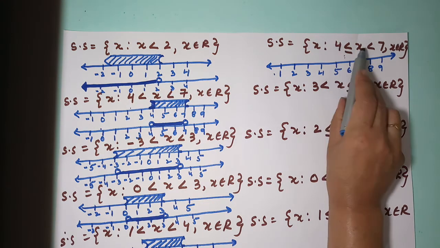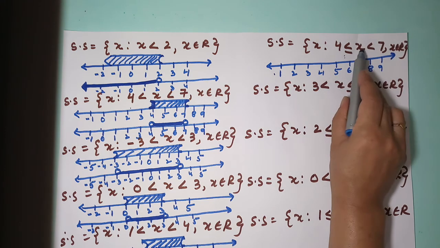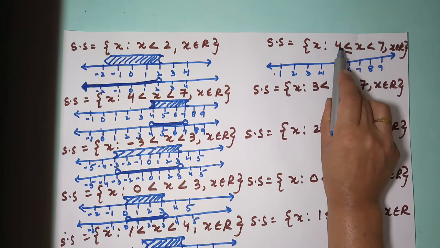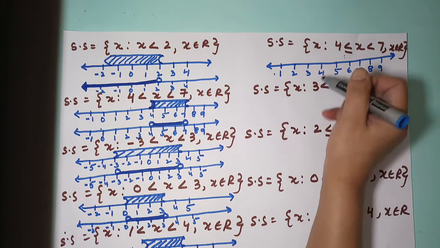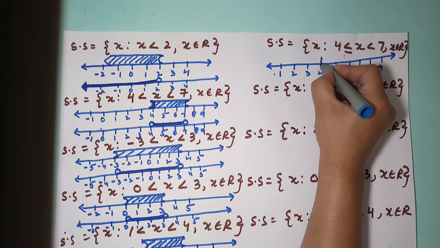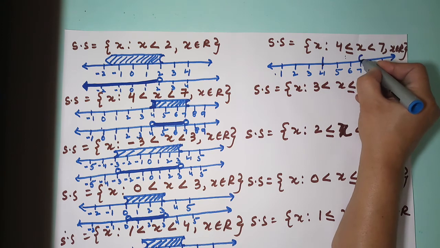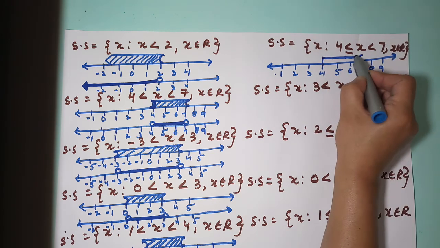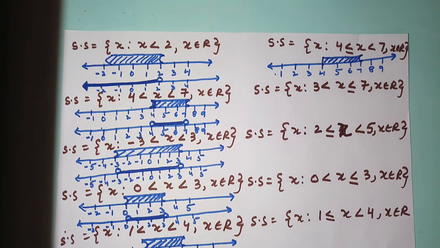Fine. 4 is less than or equal to x, which is less than 7. That means the value of x is from 4 to 7, with 7 not included. So we will go to 4, place a straight line and then go to 7, place an arc like this and then join it. It's different from the previous ones, right?